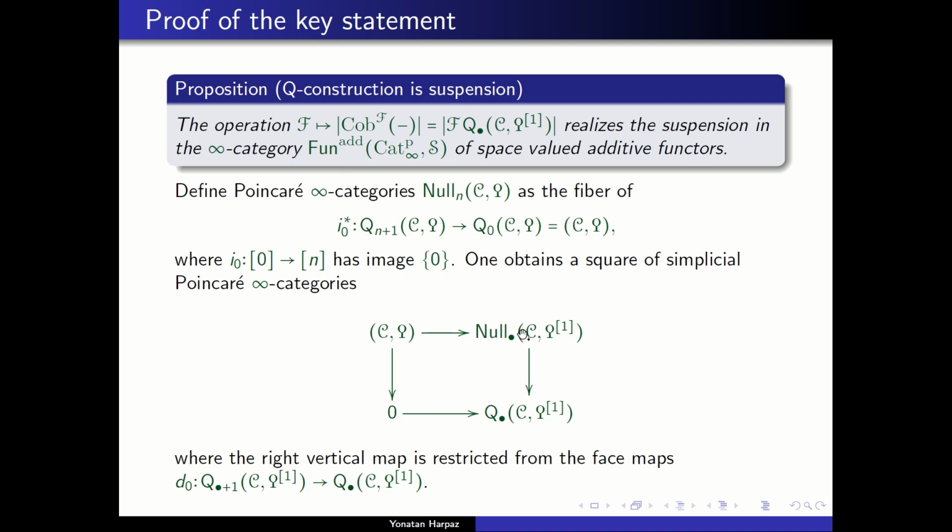Here we restrict to sequences of n plus 1 composable spans starting from 0. And this thing just remembers the last n composable spans. On Poincaré object, it will be the last n composable cobordisms. And the fibre at each level can be identified with C copa. So this gives us a fibre square in simplicial objects in Poincaré infinity categories.